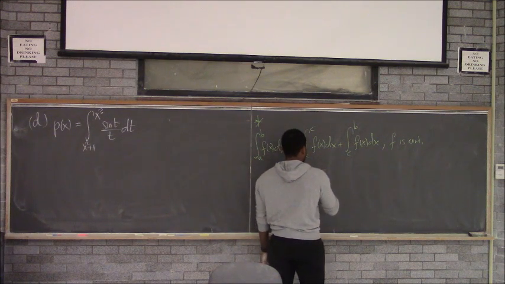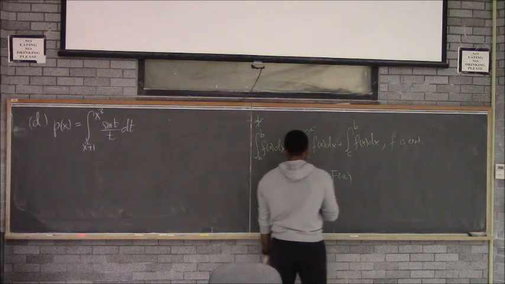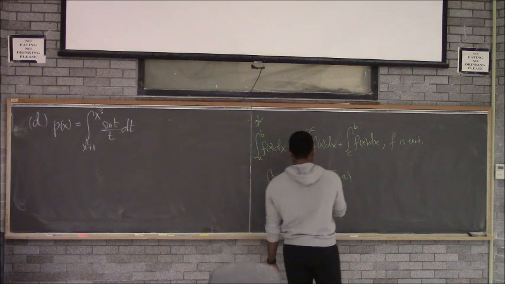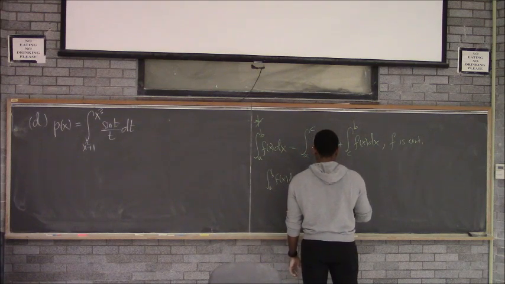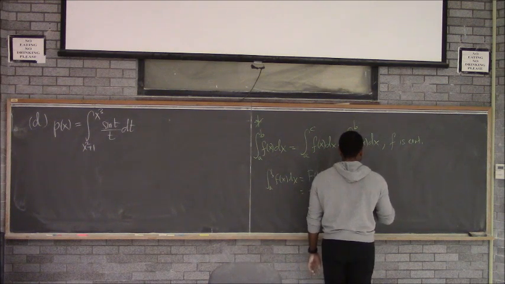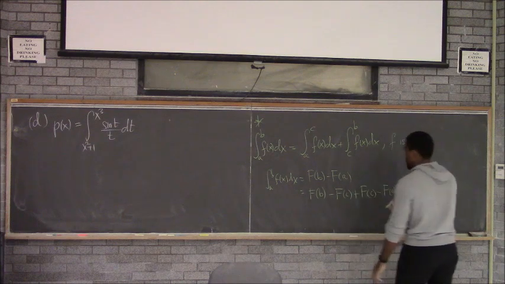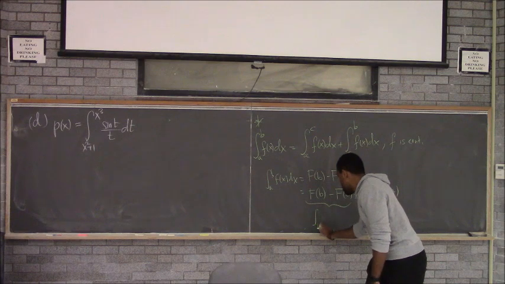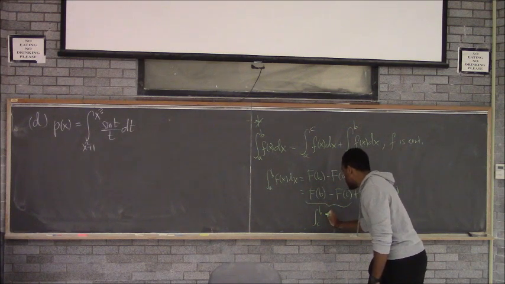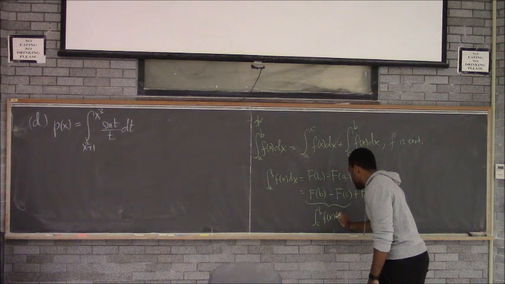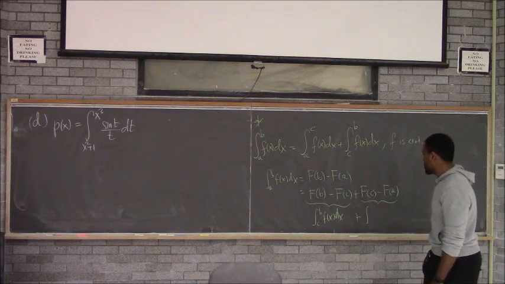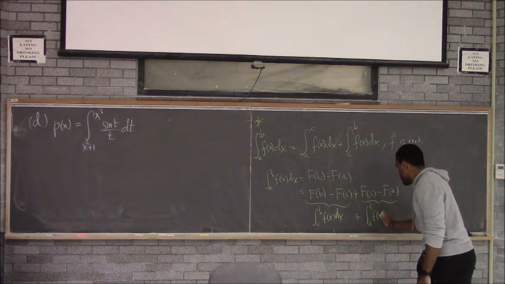That is big F of B minus big F of A. We can cheat in that way that math people love to do, and we can subtract F of C, add F of C. And this part here, by the fundamental theorem of calculus, is the integral from C to B of f of x dx, plus this guy right here, by the fundamental theorem of calculus, is the integral from A to C of f of x dx.